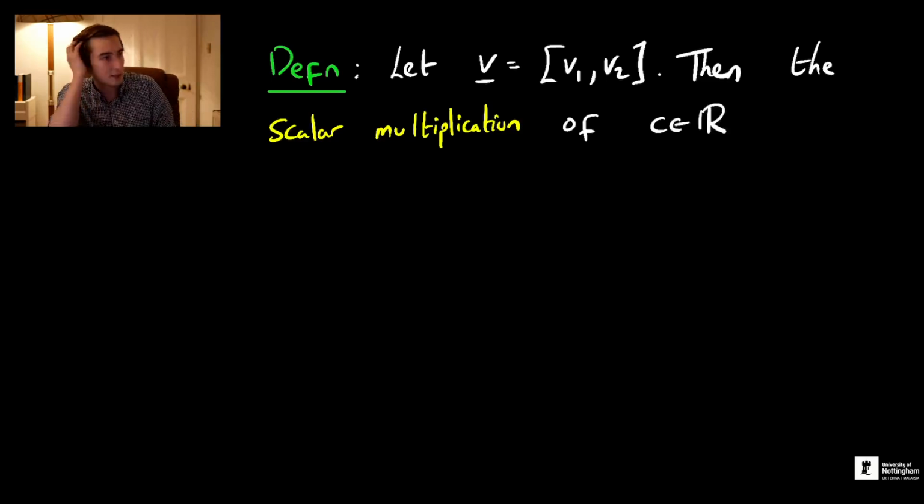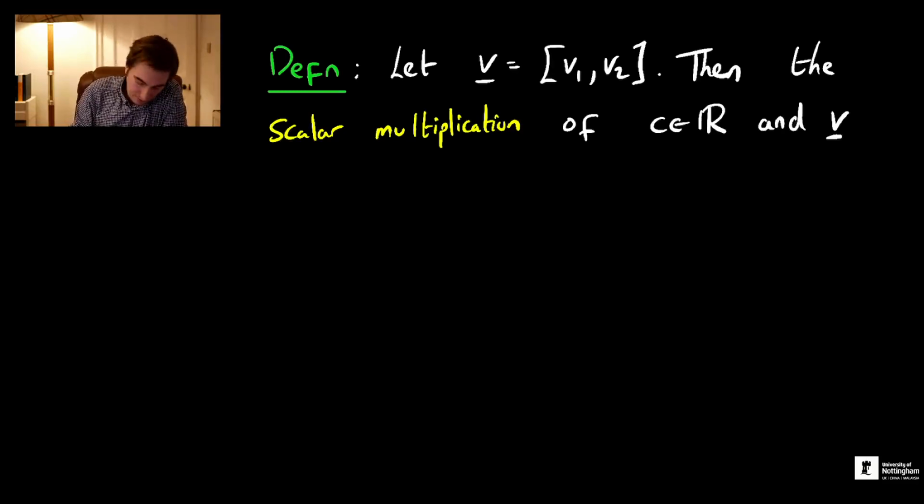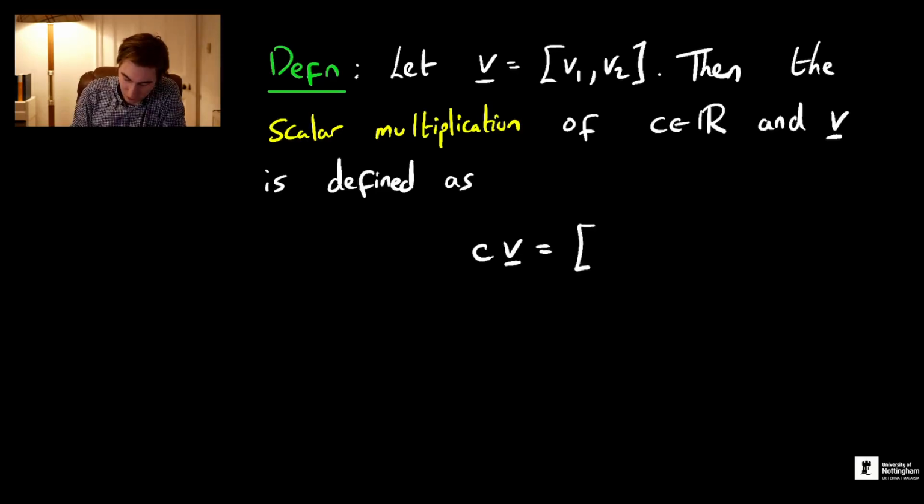In fact, we can generalize this later when we do some abstract stuff to realize this can be an element of a field, but for now we're just going to do it for the real numbers.